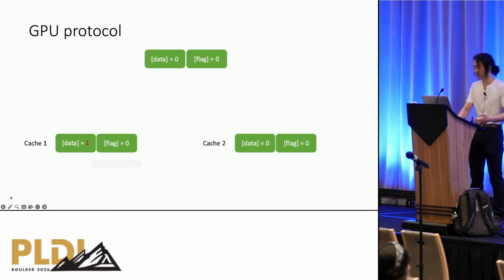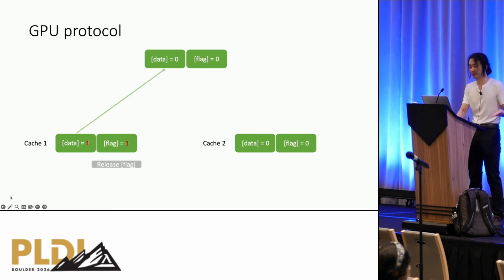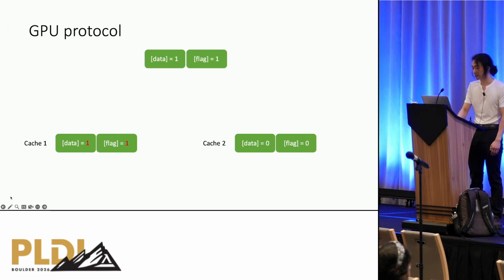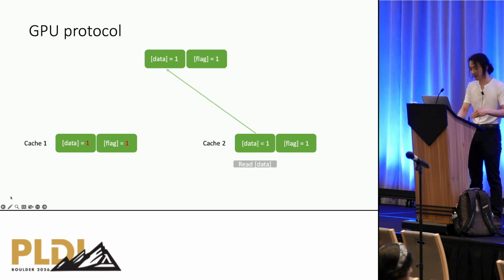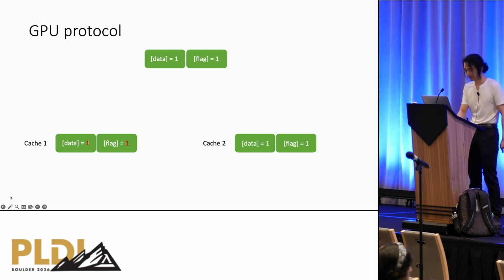And then when core 1 does a release on the flag, it will write back that dirty data to the shared LLC, and then it'll write back its flag to the LLC. And then when core 2 reads from the flag with an acquire, it'll bypass its cache, grab that fresh value from the LLC, and then self-invalidate its local cache. So then its subsequent read of the data will miss and then fetch the new data from the LLC.